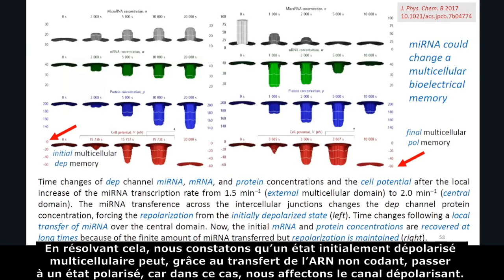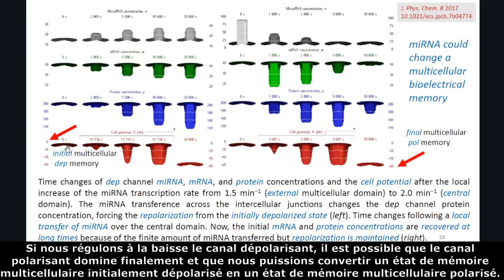When we solve this, we indeed find that an initially multicellular depolarized memory state can be changed to a polarized state because of the transfer of the non-coding RNA, since in this case we are affecting the depolarizing channel.